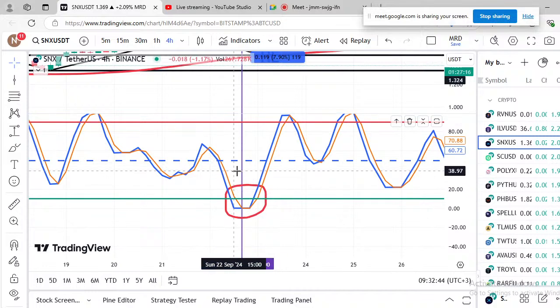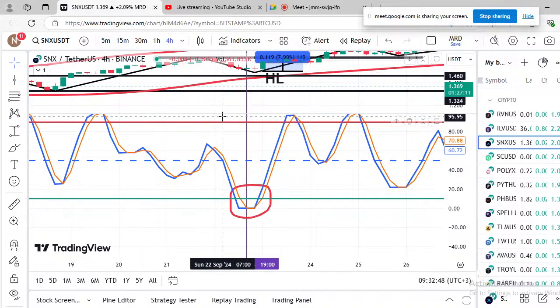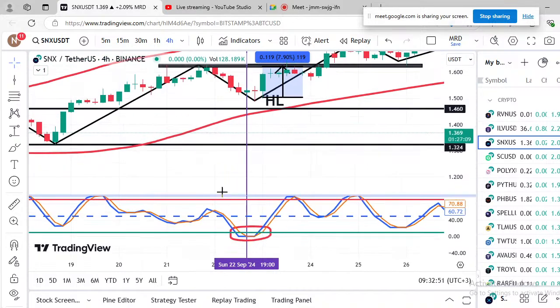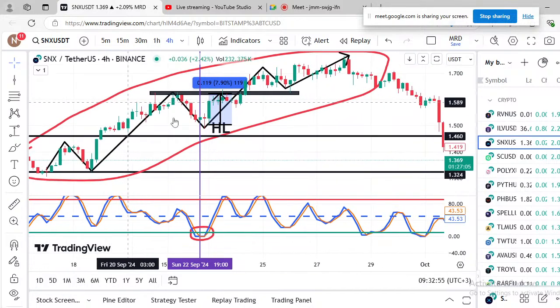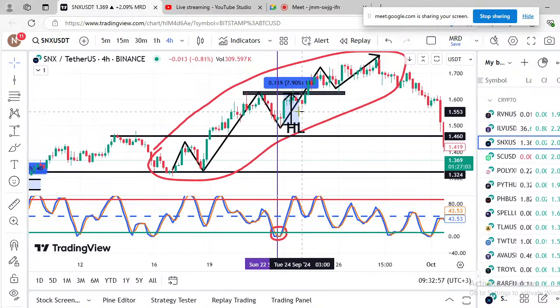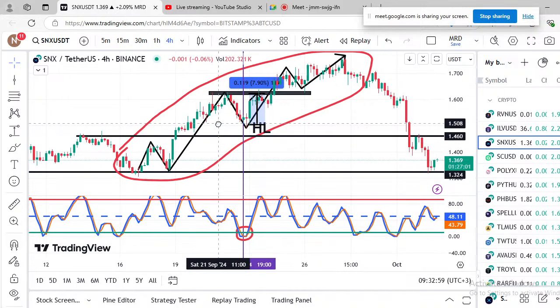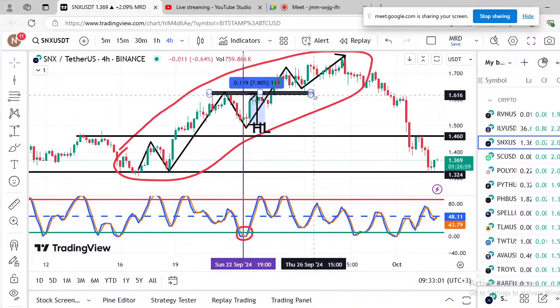You look at the what? You look at these moving averages, and again you look at the chart. What is the chart saying? Are we in a downtrend? Are we in an uptrend? What is it?